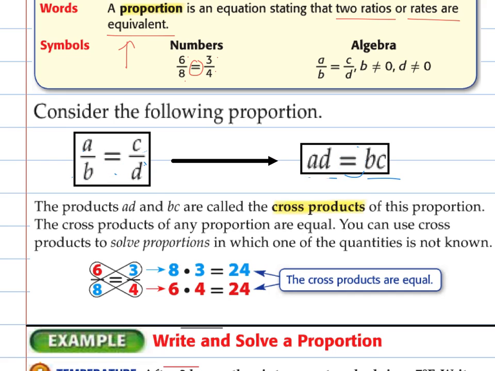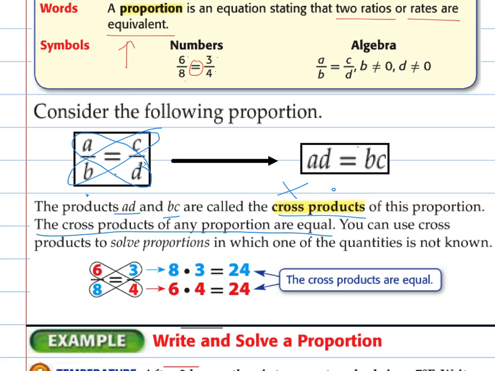So this is something that you want to have down and understand. So it says that the products of A and D, meaning multiplied together, and B and C are called cross products. Notice how I went like this, across multiplied. So cross products, which is multiplication. The cross products of any proportion are equal.